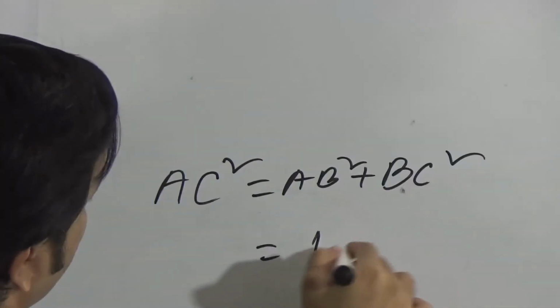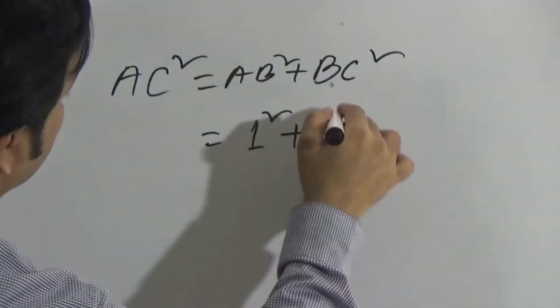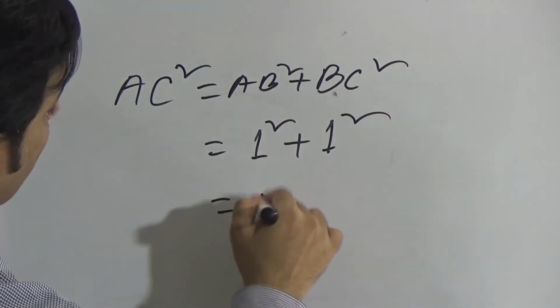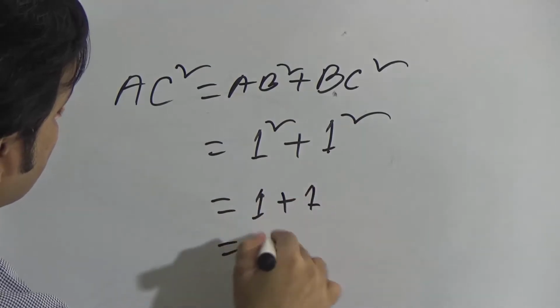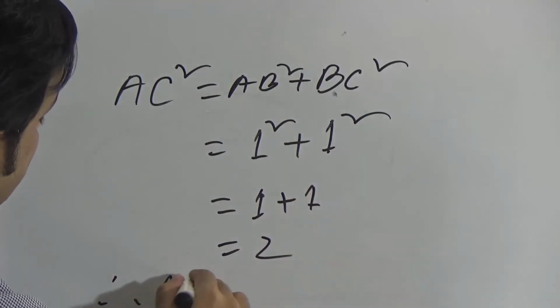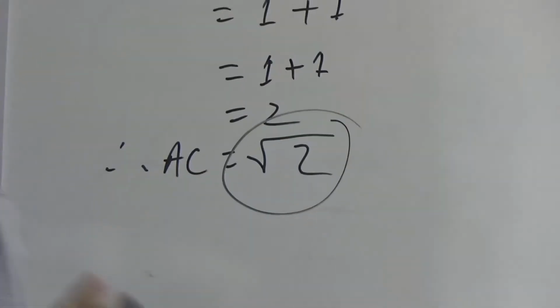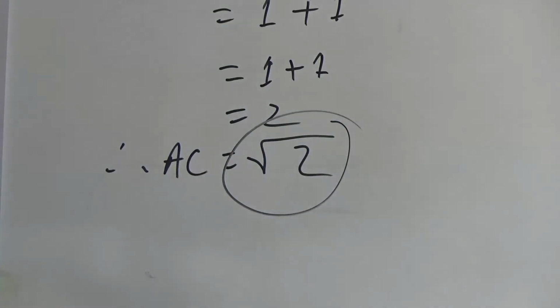Here AB means 1 square, BC means 1 square. So we get 1 plus 1, which is 2. Therefore AC is equal to, we have to take the square root, that is square root 2. So we can say statement 2 is also true.